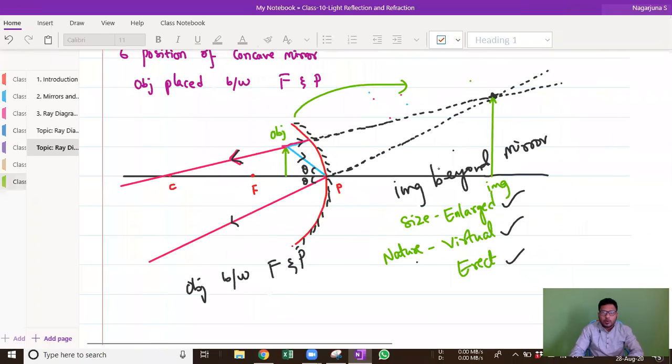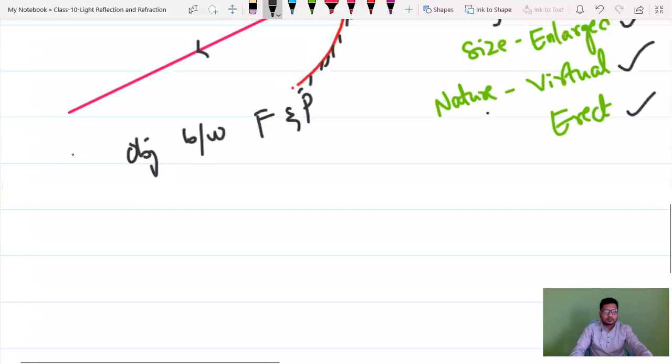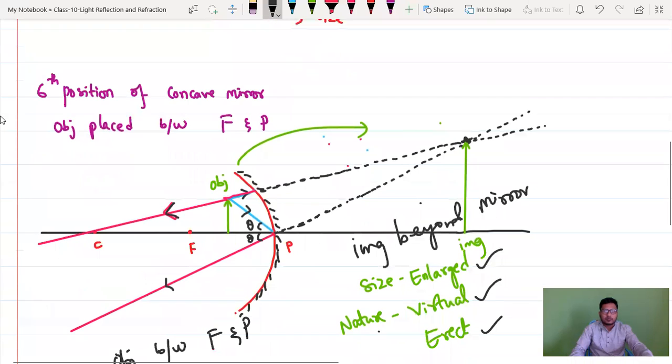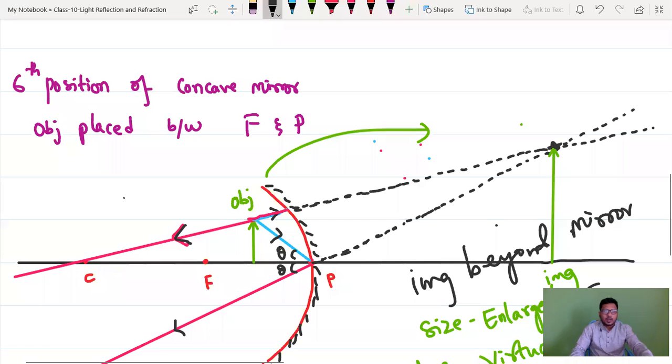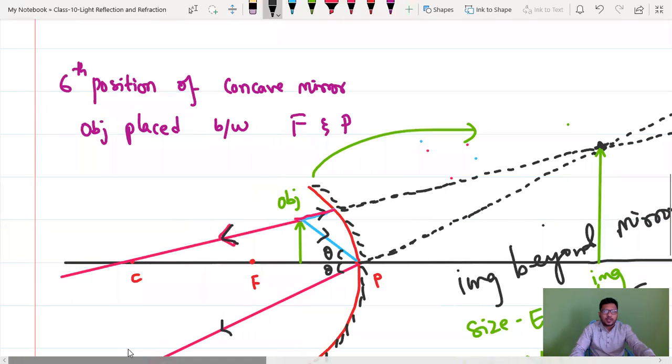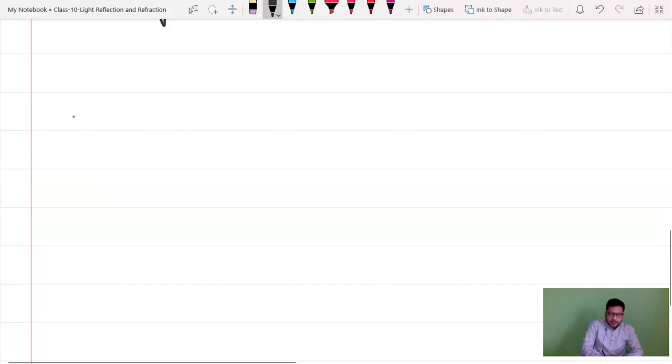Moving forward, we have to understand position diagrams for the convex mirror. Okay, now let us see the convex mirror. Guys, before drawing ray diagrams of the convex mirror, you have to understand the same rules.